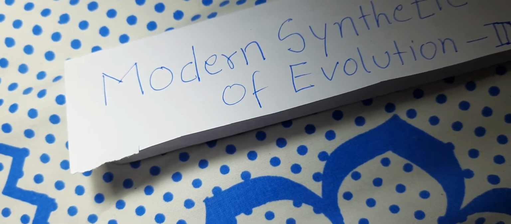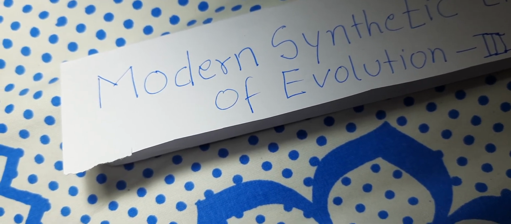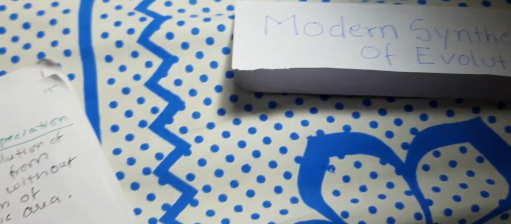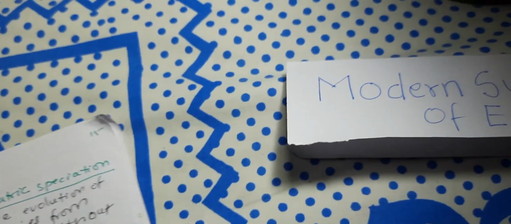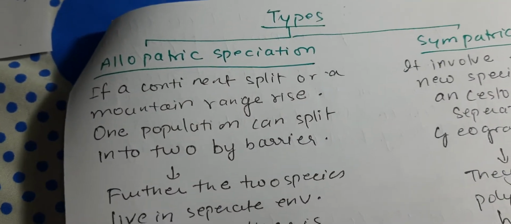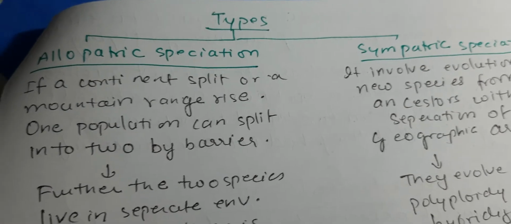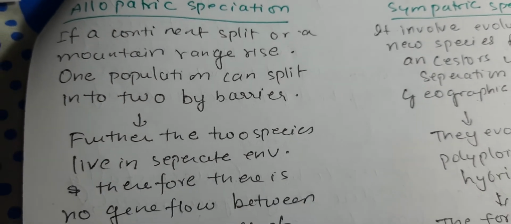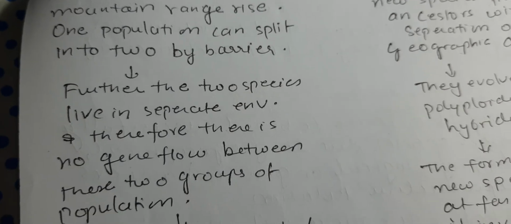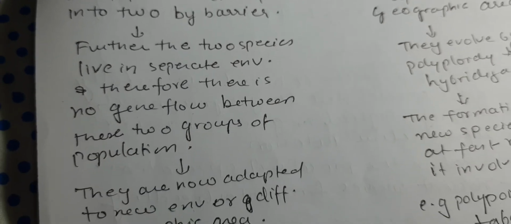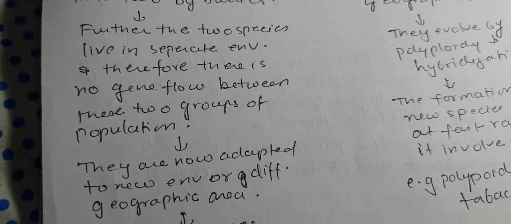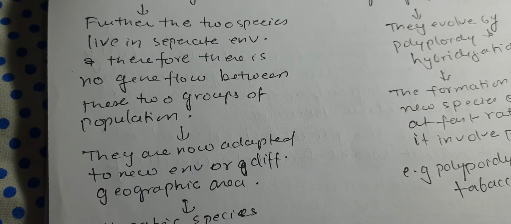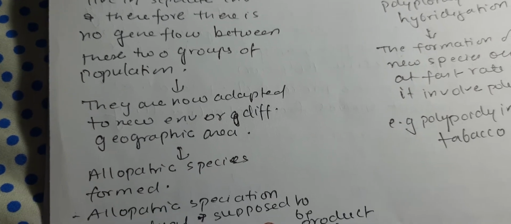So now there are types of speciation. We'll just go through this. See, allopatric and sympatric. If a continent splits or a mountain range arises, one population can split into two by a barrier. The two species live in separate environments, and therefore there is no gene flow between these two species.